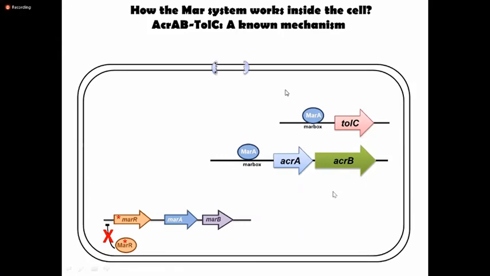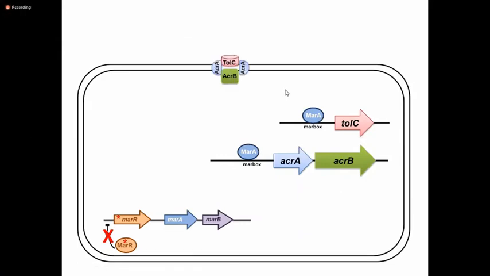So if you give antibiotics to the cells, when they are inside the cell, they can easily be pumped out by the efflux pump. So this is the known mechanism of the MAR system: MAR-A activates these genes, resulting in efflux pumps. If you give any antibiotics to the cells, they can easily be pumped out.